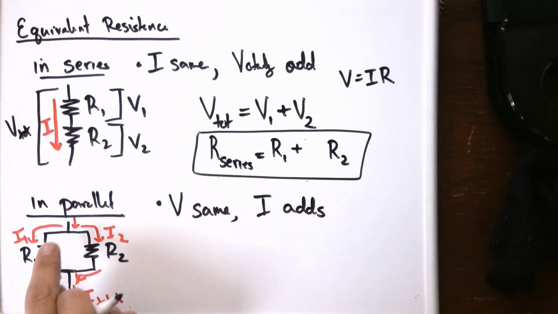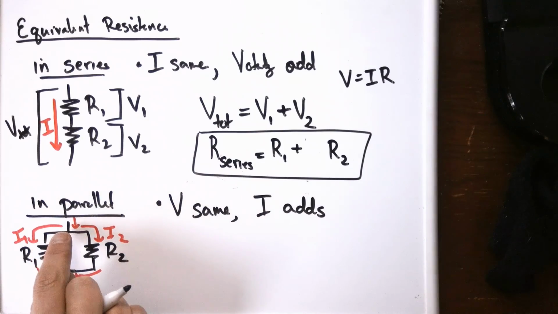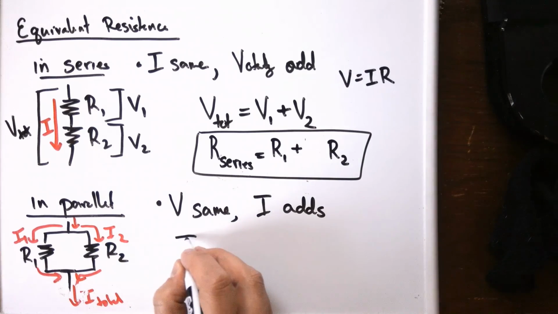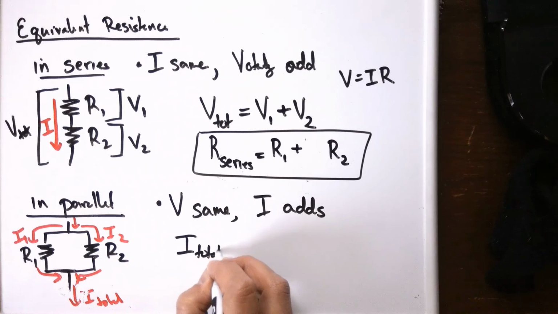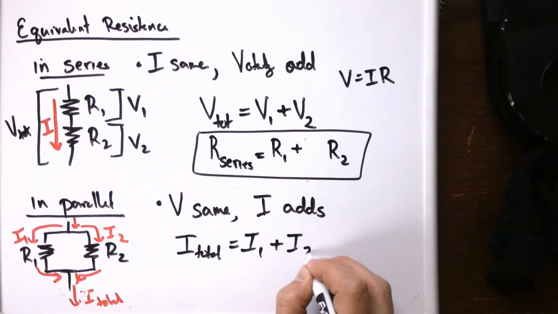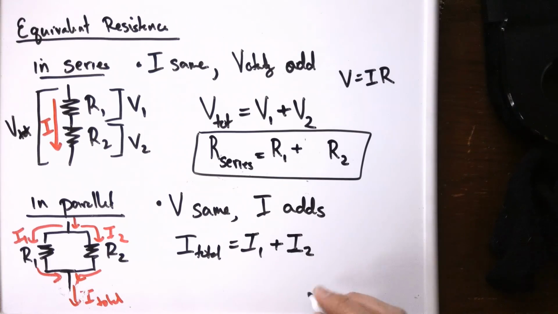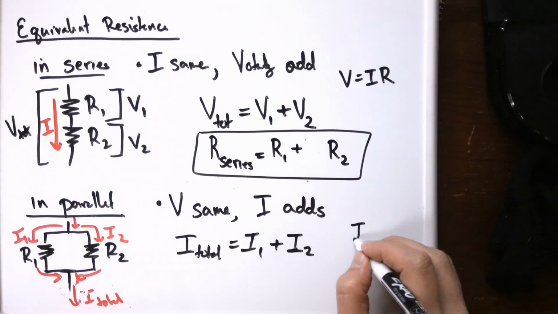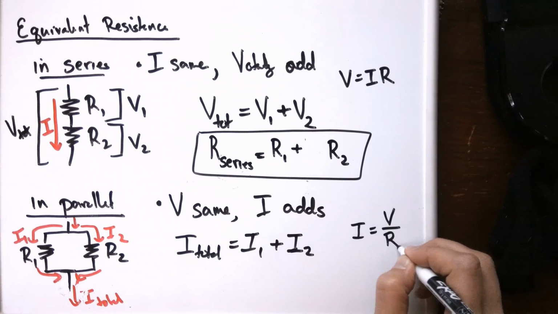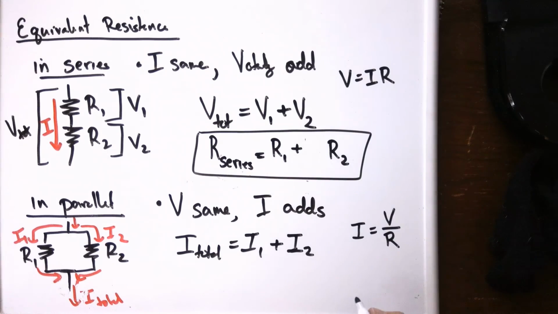The current adds because, like I said, however much current you've got coming in, when it hits this junction, it has to go this way or that way, and then it has to join up again, add up. So the total current is going to be the current going through resistor 1 plus the current going through resistor 2. And then from Ohm's law again, I can say current is equal to the voltage drop across the resistor over the resistance of the resistor.